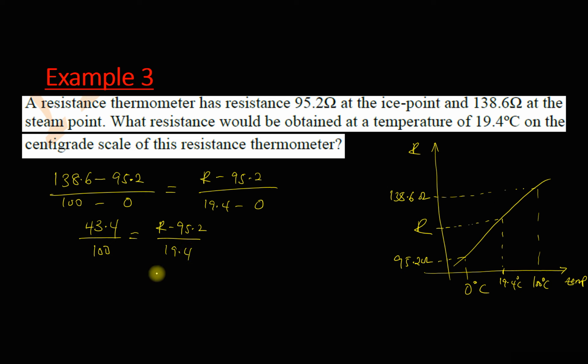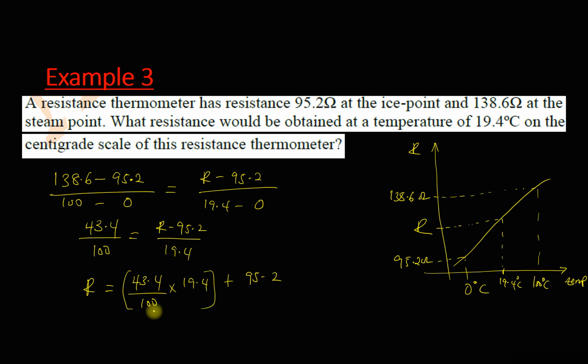So when I cross multiply and make R the subject, R is going to be equal to 43.4 divided by 100 times 19.4, then plus 95.2.